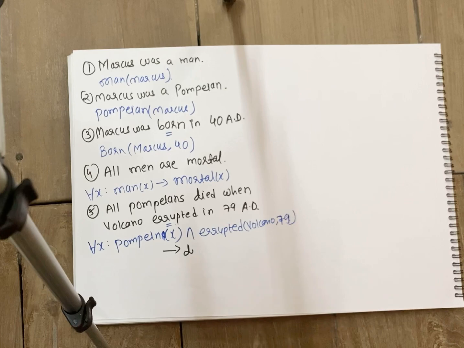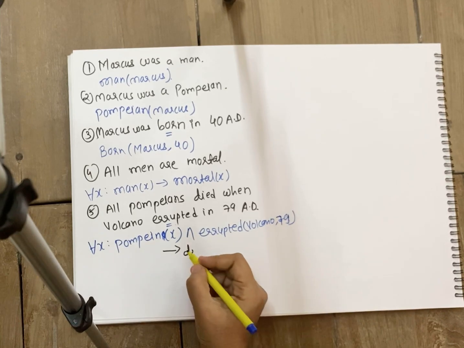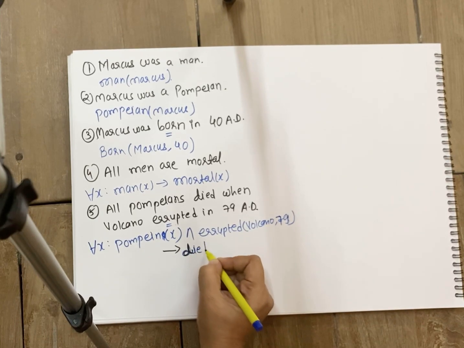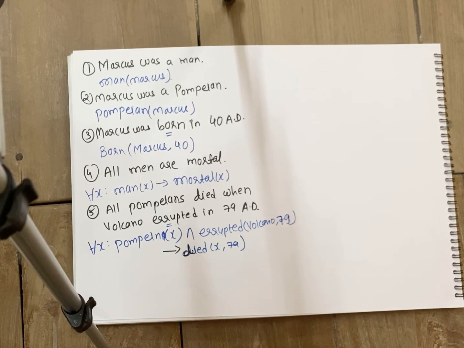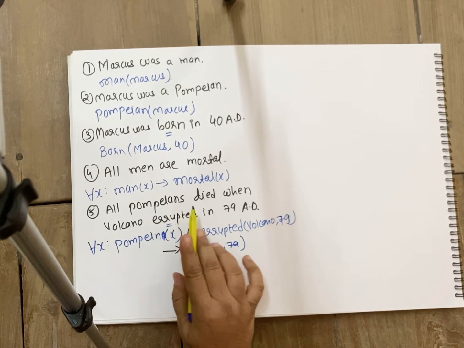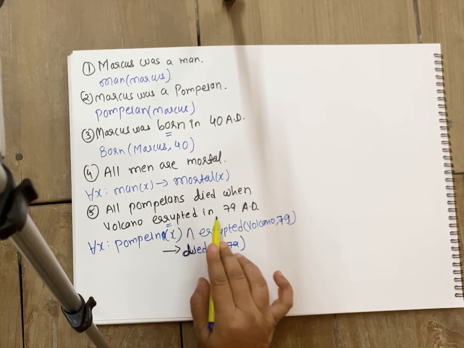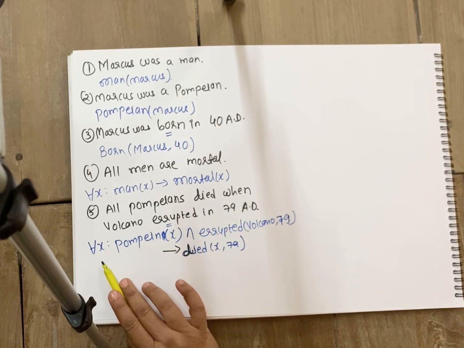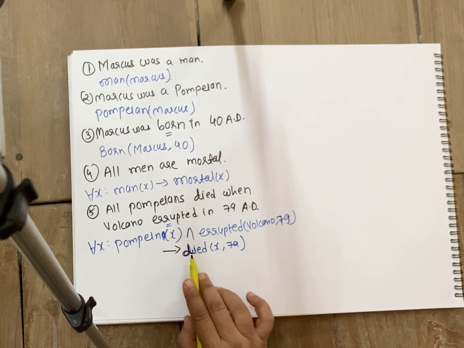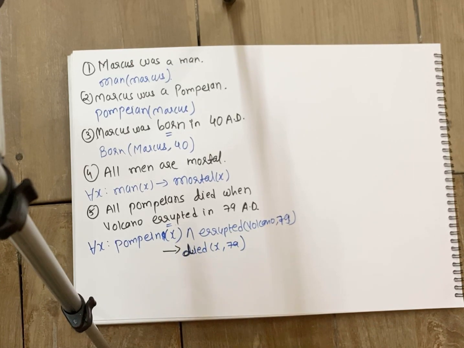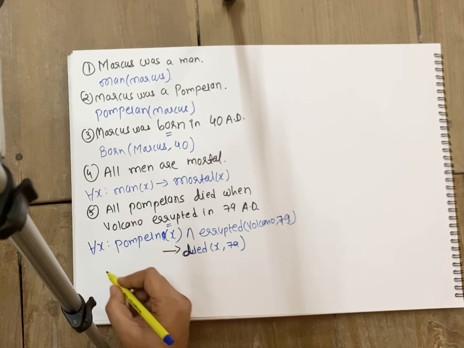So died(x, 79). So what we are saying over here? All Pompeians died when volcano erupted in 79 AD. So for all x, Pompeian(x) and erupted(volcano, 79) implies died(x, 79). All the Pompeians died in 79. Simple. Are you getting this? Okay, let us move ahead.